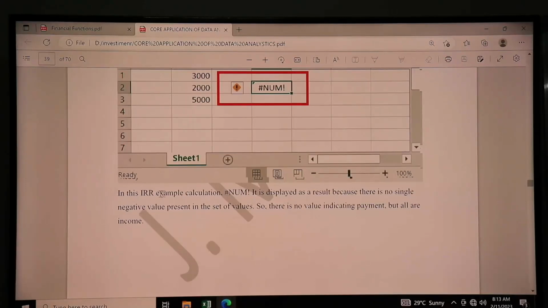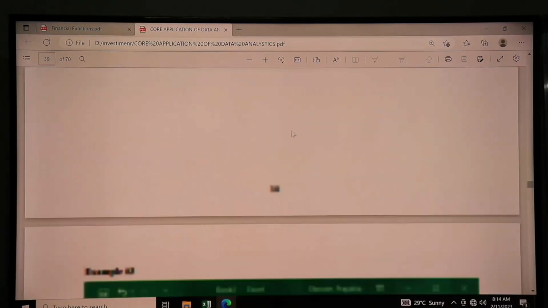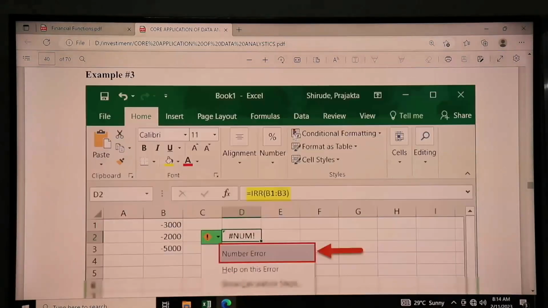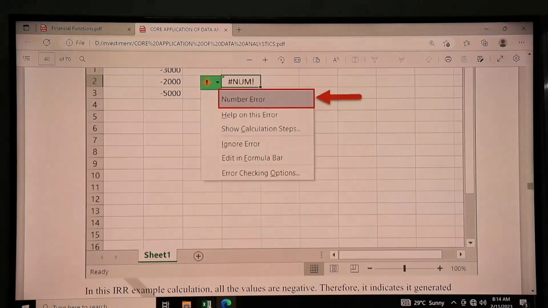The internal rate of return in this calculation has given this error as a result because there is no single negative value present in the set of values. So there is no value indicating the payment, but all are income. Hence, no internal rate of return can be computed here. It is the same when you put all values negative.